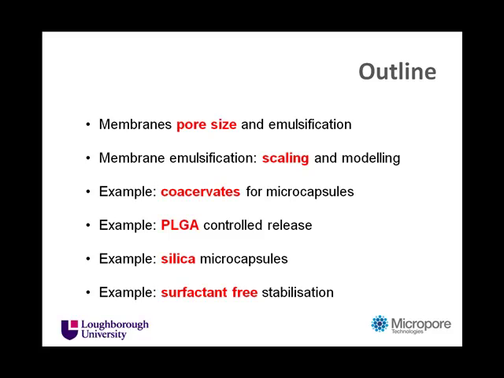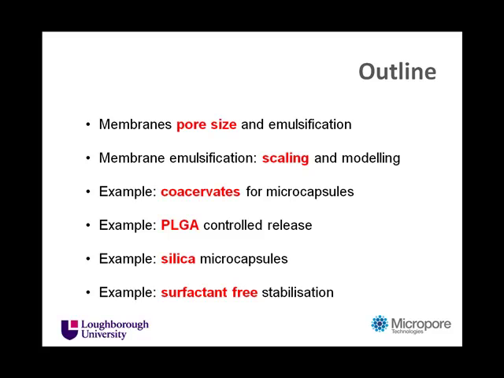Then for encapsulation, I'm going to concentrate on coacervates, which are suitable for food uses, for example. Then we have a polylactic glycolic acid, PLGA, which is a pharmaceutical biocompatible polymer, the application there being a controlled release.